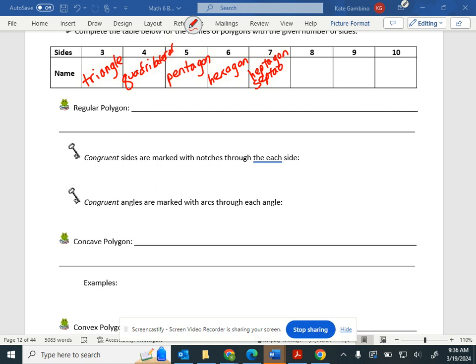I have seen it both ways. So you just need to know that they both mean 7 sides. One's Greek and one's Latin. Hepta and septa are both 7 sides. 8 sides is the octagon. 9 sides is the nonagon. 10 sides is the decagon.